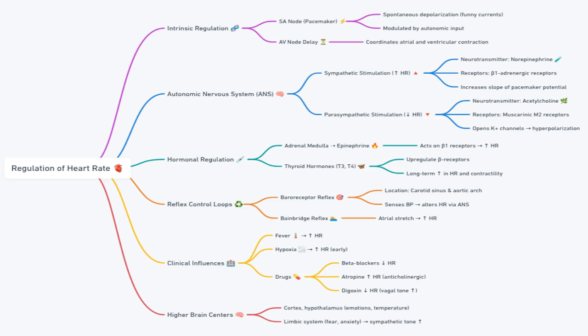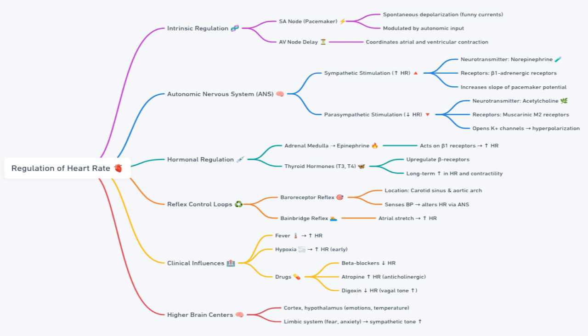So, in summary, the intrinsic control, the sinoatrial node's automaticity or autorhythmicity, provides the baseline heart rate, and the extrinsic control, the autonomic nervous system through sympathetic and parasympathetic input, modulates the intrinsic rate.